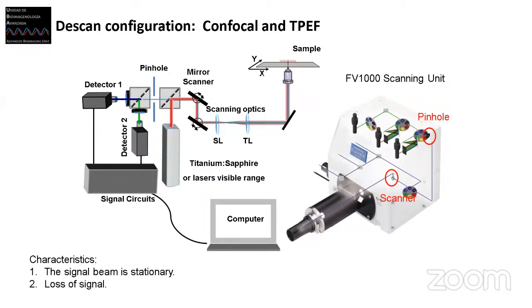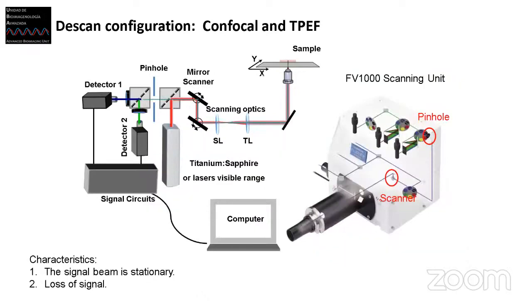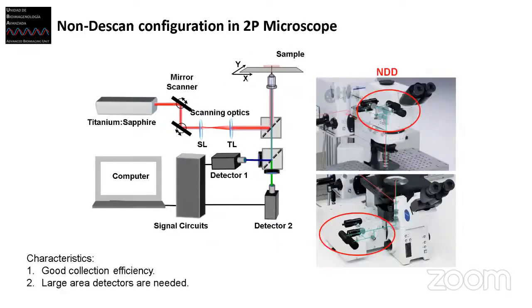This can be done with confocal or two-photon excitation, but there are some other ways to make confocal microscope. And by the way, this is the configuration that most commercial confocal microscopes use, right? Non-descan mode is only a possibility when we are working with two-photon excitation. And you will see in a minute why.